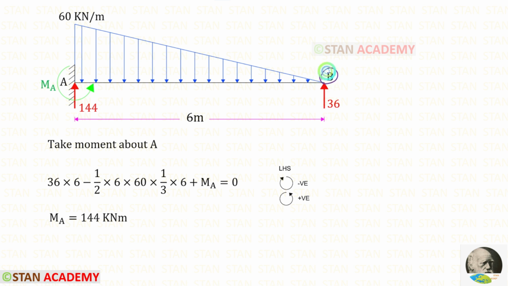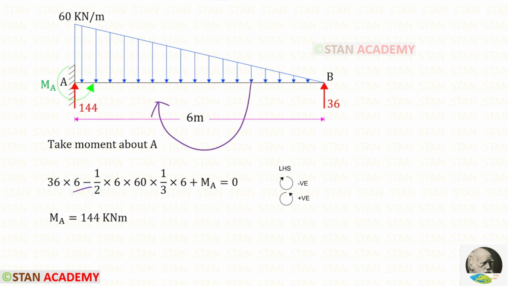Now from the point B and about the point A, let us take a moment and find MA. RB is acting in the anticlockwise direction so that it will be positive and the distance is 6. So 36 into 6. The uniformly varying load is acting in the clockwise direction so that it will be negative.